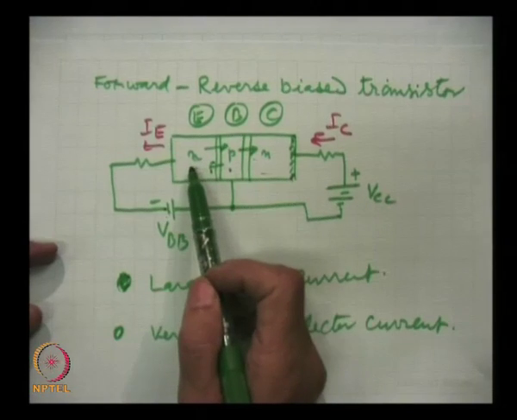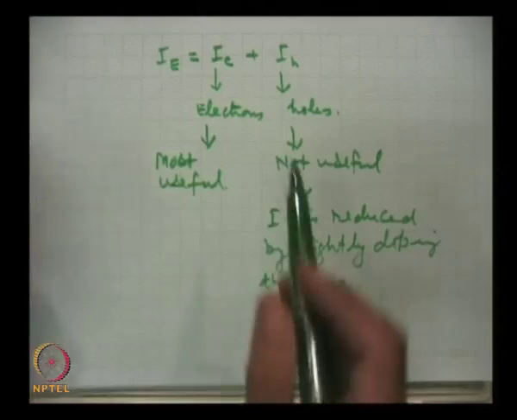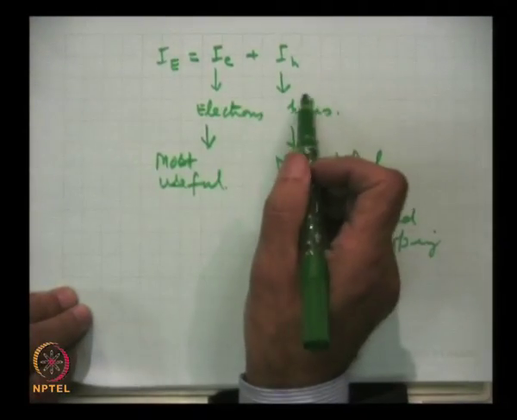So, the factors which we discussed in the beginning are now coming. So, this is about the emitter current.